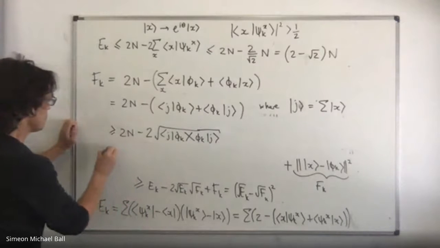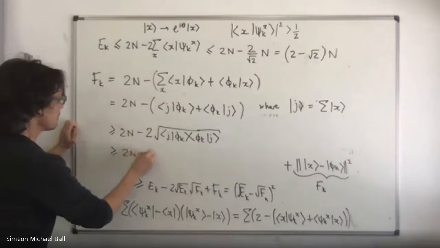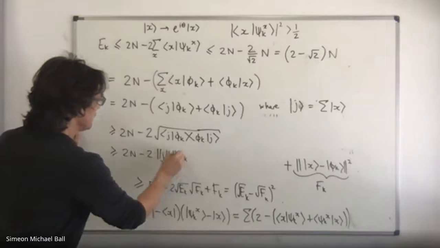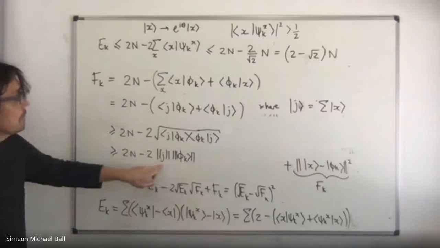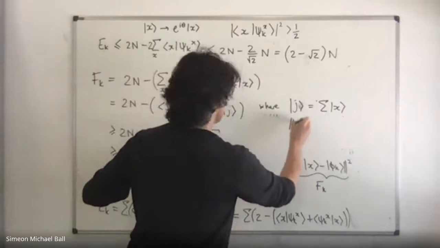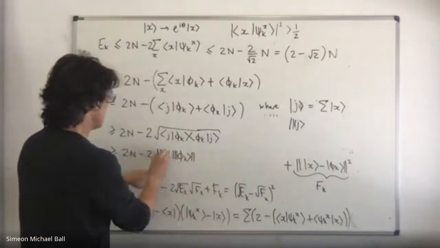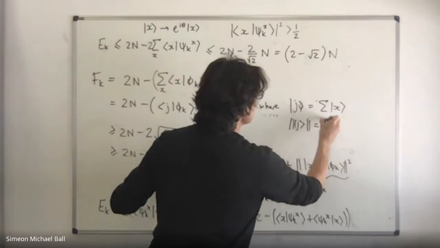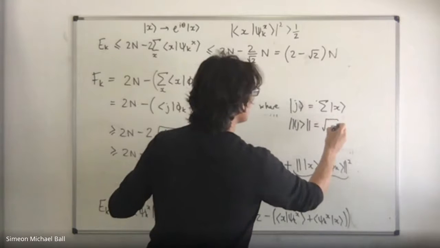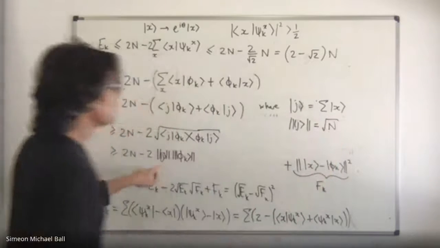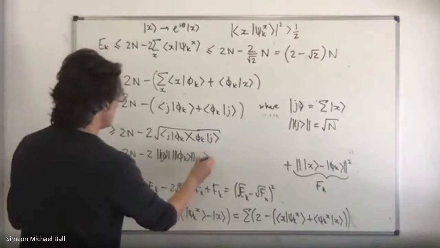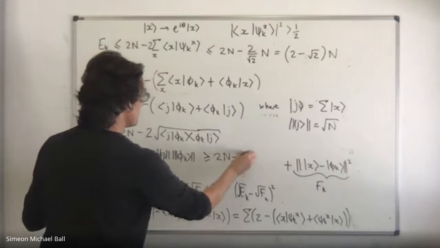Now we use Cauchy-Schwarz to get twice of the norm of j, norm of phi k. Well, the norm of phi k is 1, and the norm of j is the square root of n. So here I have 2n minus 2 times the square root of n.